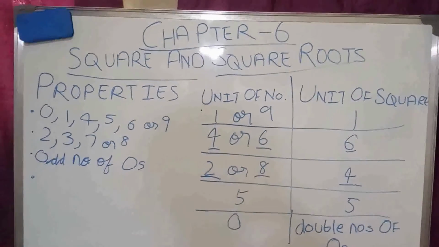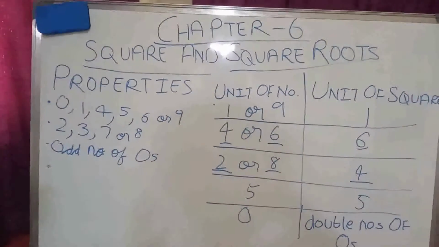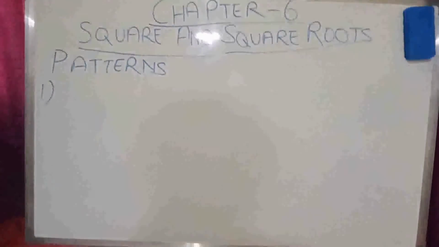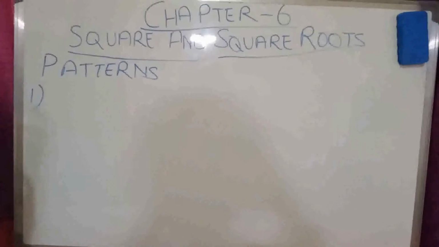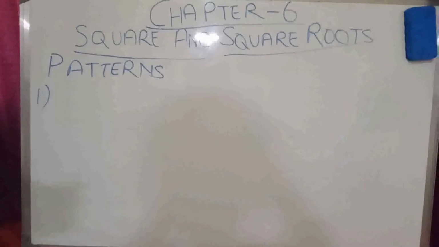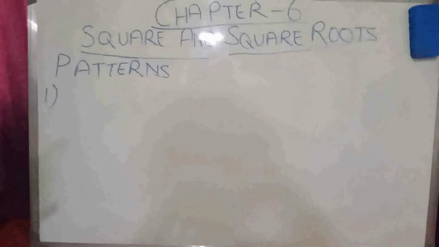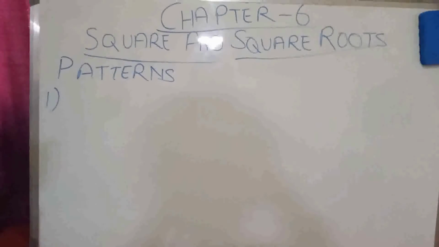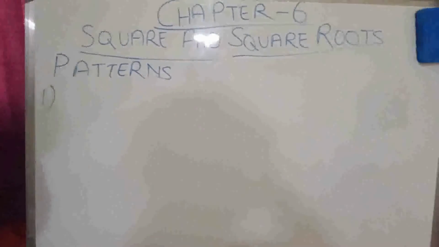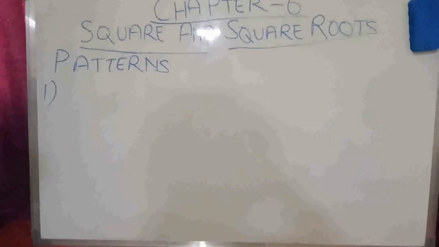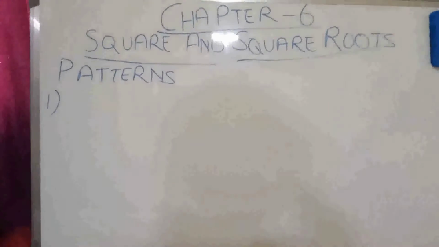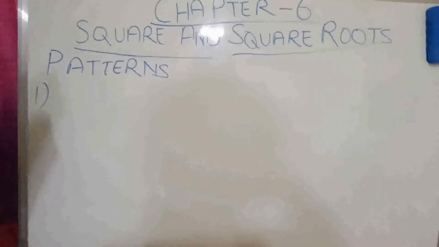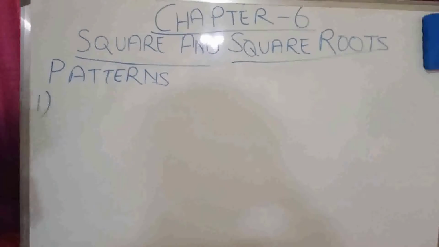Now we will see some interesting patterns in square numbers, which are very important in finding out the squares. These give a very easy way of finding the squares, and it doesn't require you to do all the calculations of a proper square. First one is when we add consecutive triangular numbers, we get a square number.